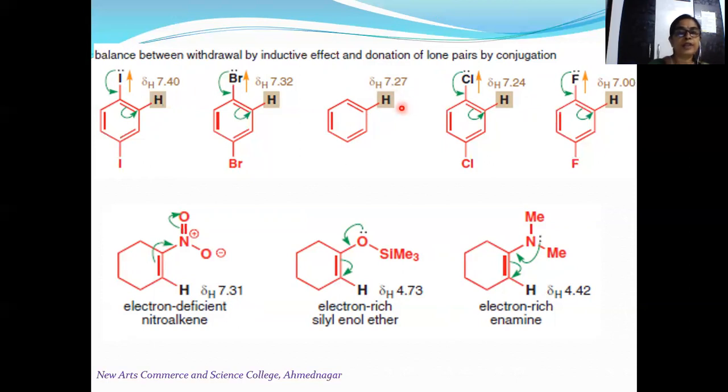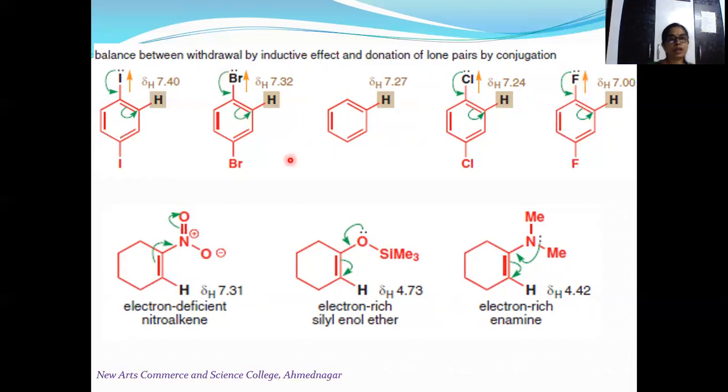And now we have different halogens substituted on the benzene ring. Iodine and bromine, if we consider, they are less electronegative as compared to chlorine and fluorine. So this is least electronegative halogen, while this is most electronegative halogen.